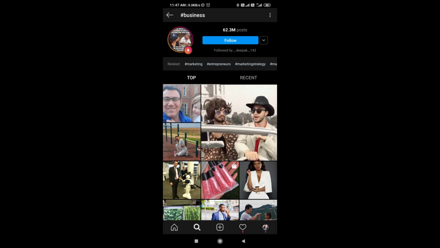So hopefully this was clear for you guys. You understood the concept of hashtag research, how you do it and how you mix the hashtags. Those are the two points I told you: mixing hashtags of different sizes and to keep changing your hashtags every time, not using the same hashtags. Just keep these two points in your mind when you're using your hashtags.